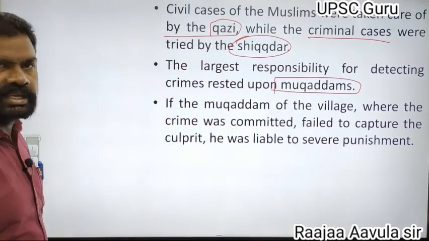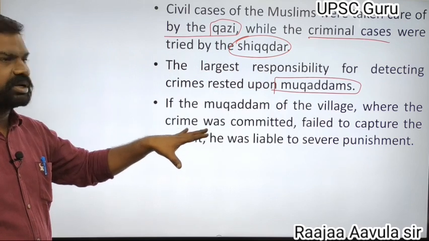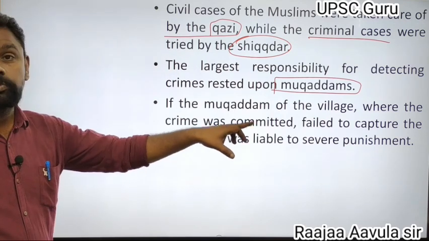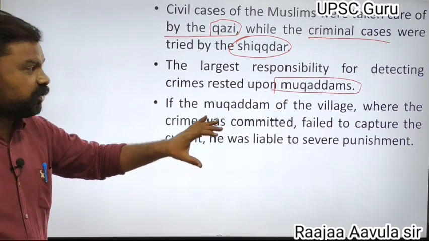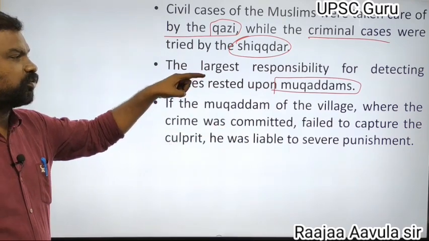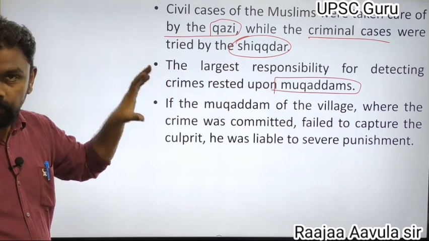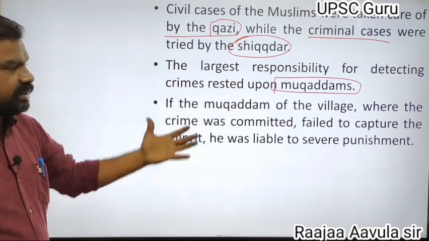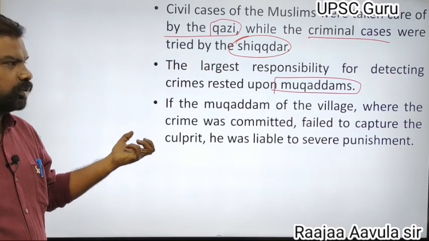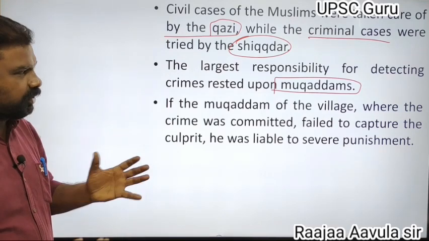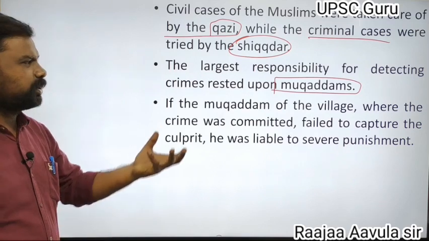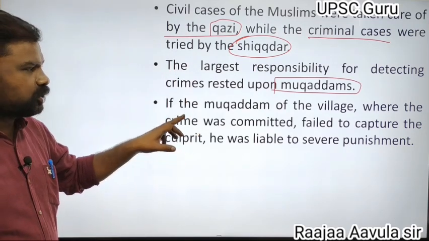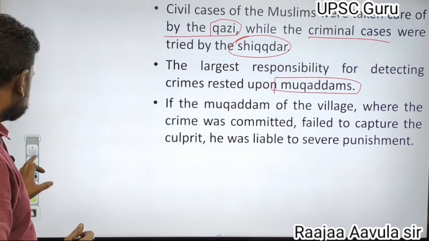If the Mukuddam of the village where the crime was committed failed to capture the culprit, he was liable to severe punishment. He would also be punished by the ruler.